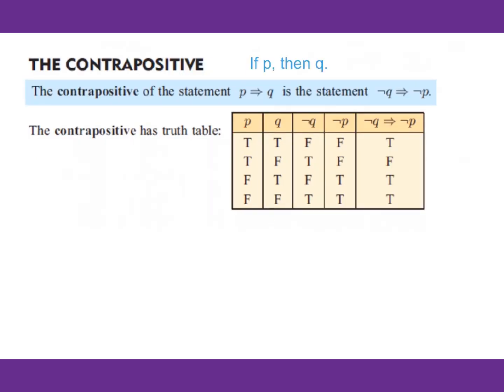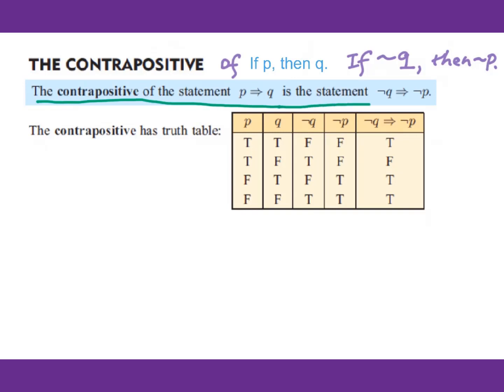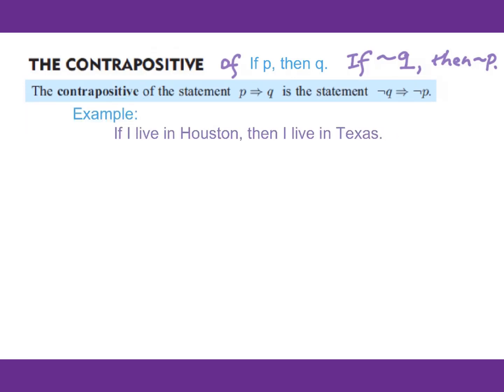Now let's talk about the contrapositive. The contrapositive of if P then Q is if not Q then not P. In other words, the contrapositive of a statement P implies Q is the statement not Q implies not P. For example, if I live in Houston, then I live in Texas.